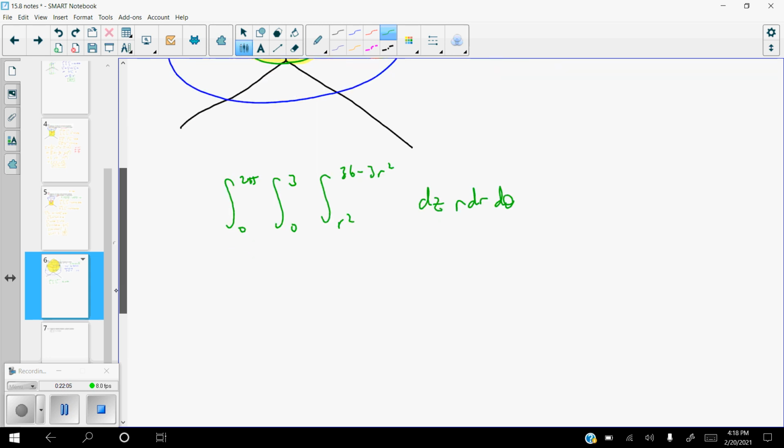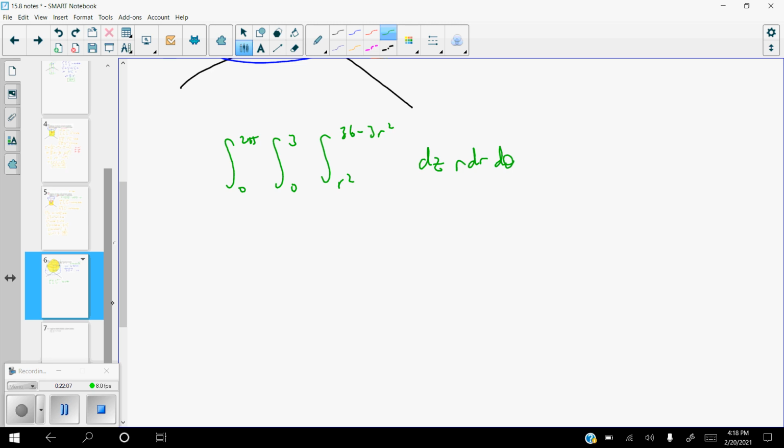All right, so let's go ahead and work this one out. I'm not sure how nice this one will be at the end. We'll find out. So the antiderivative, starting off with the z part, is going to be z from r squared to 36 minus 3r squared, r dr d theta.